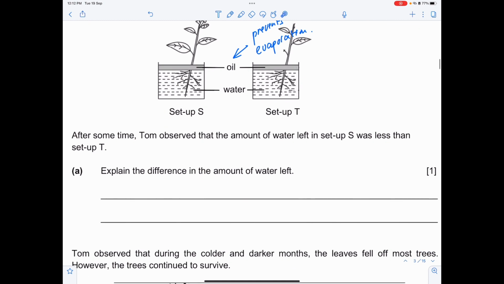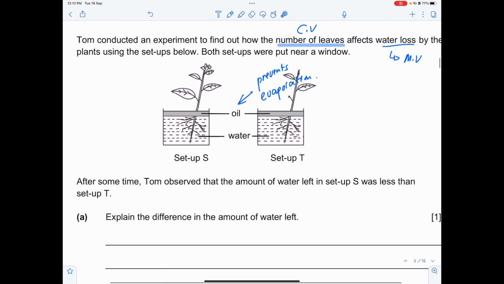Okay, so after some time, Tom observed that the amount of water left in setup S was less than setup T. Explain the difference. So whenever you do this, always ask yourself, what is the difference? So the difference here would be the leaves. So then ask yourself, leaves, what are the functions? Two functions. Function number one, photosynthesis. We are very familiar with that.